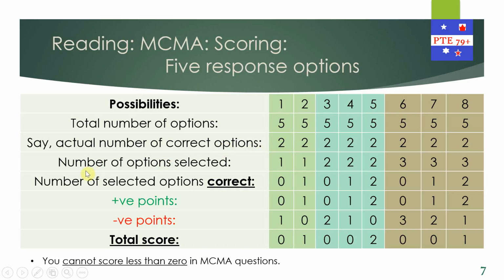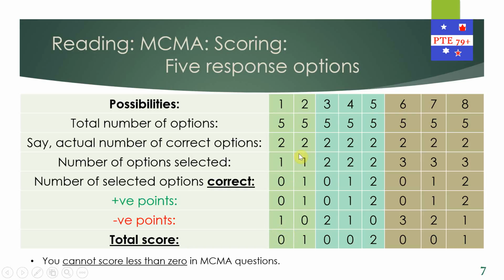Let's say you select only one option, but it is not correct. You selected 0 correct options, so you get 0 points, and since you selected one wrong option, you get one negative point. So 0 minus 1 is -1 actually, but you cannot get negative, so you will be given 0.